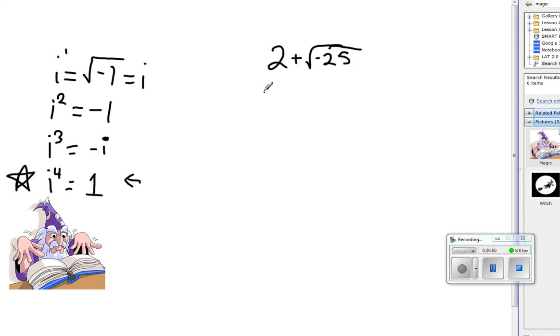So we have 2 plus i times 5, which we can rewrite as 7i. No! These are totally different terms. You can't add i's to non-i's. That's like saying I've got ears and eyes and I want to put them together. You can't. That's disgusting. But I want to. Nobody cares what you want. It's 5i plus 2.